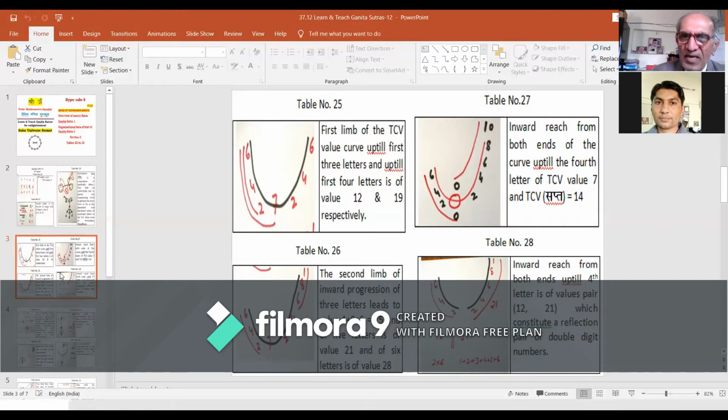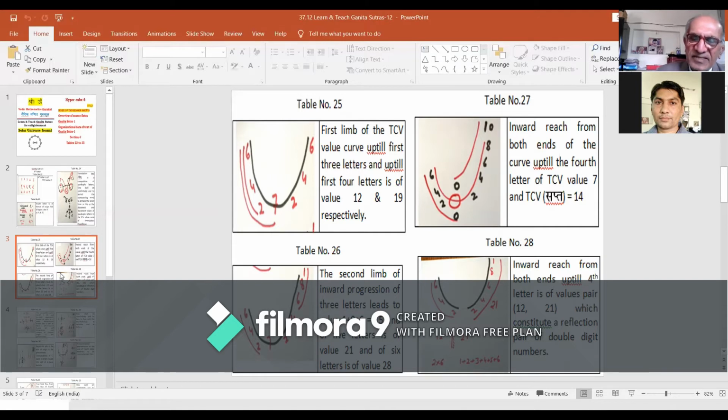This pair of values, as we have previously visited, are parallel with the TCV values of formulation Rishi and formulation Chand. Table 25 is depicting these features and values of the first limb of the TCV values curve of the formulation Eka Adhikain.